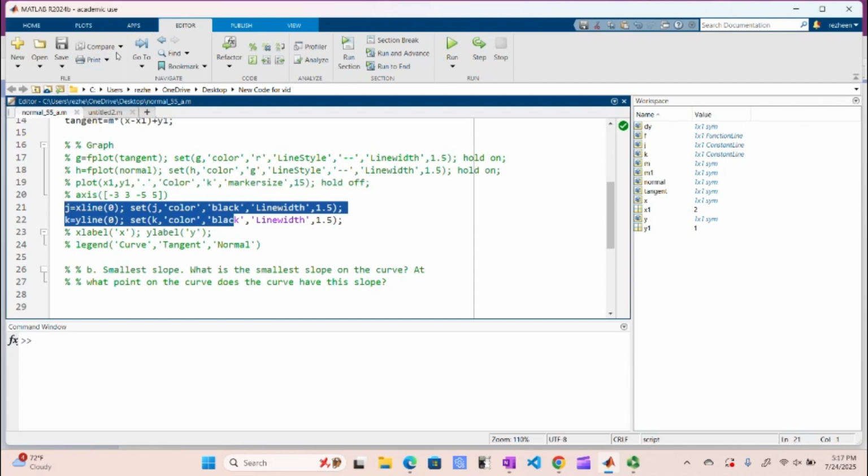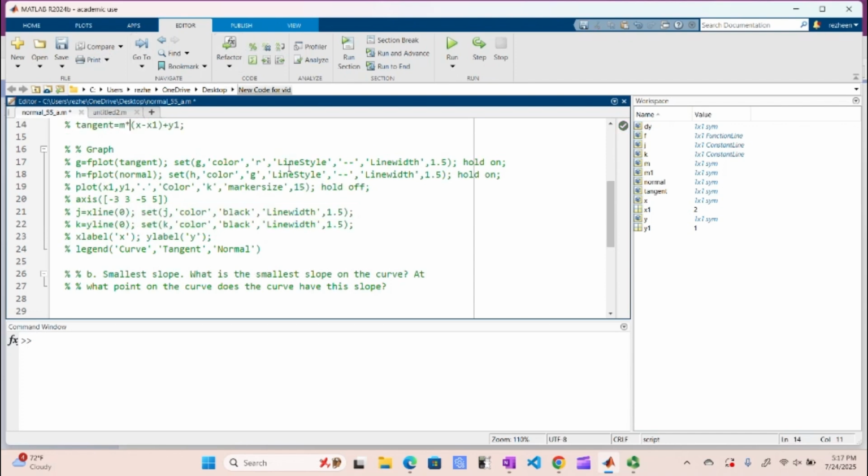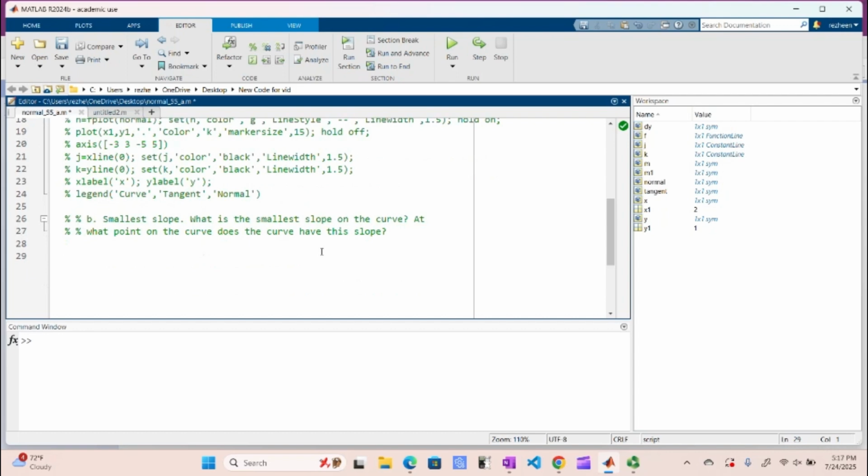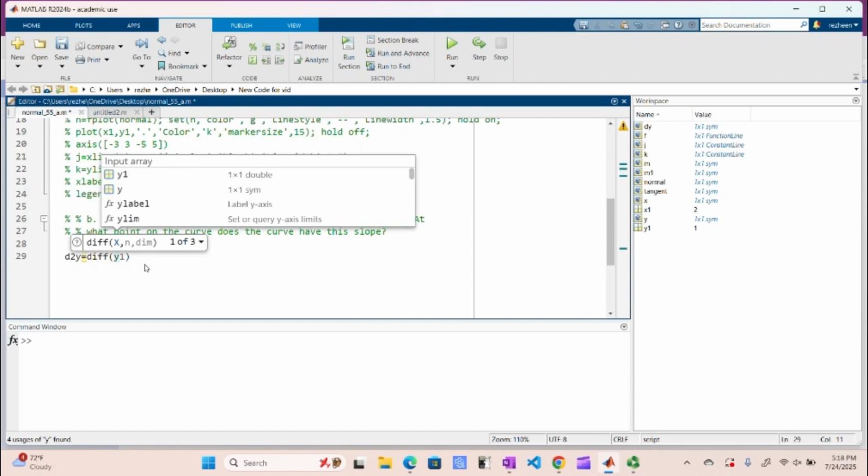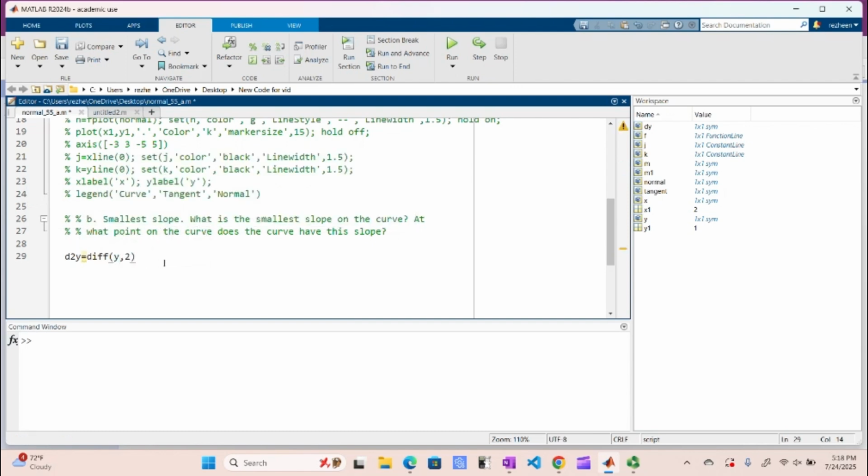Let's comment these out, I don't need them for now. To solve this problem, d2y equals diff of y, and we're gonna take the second derivative of y. So that's d2y, and x2 now is solve d2y. This finds the zero of the second derivative of the function.